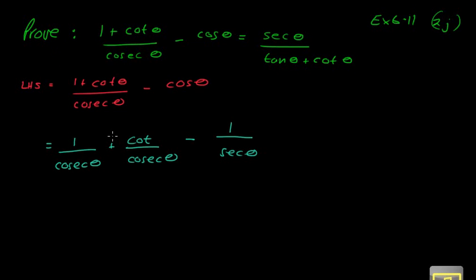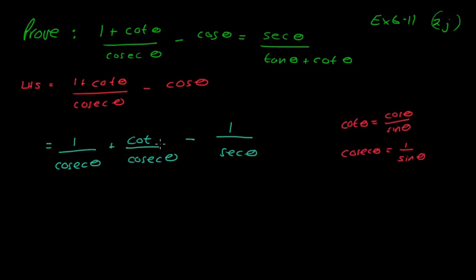Okay, you're going to find that often you need to do a little working out here. I know that cot theta is cos theta over sine theta. So I'm going to need to have that there. I know that 1 over cosec theta is equal to 1 on sine theta.